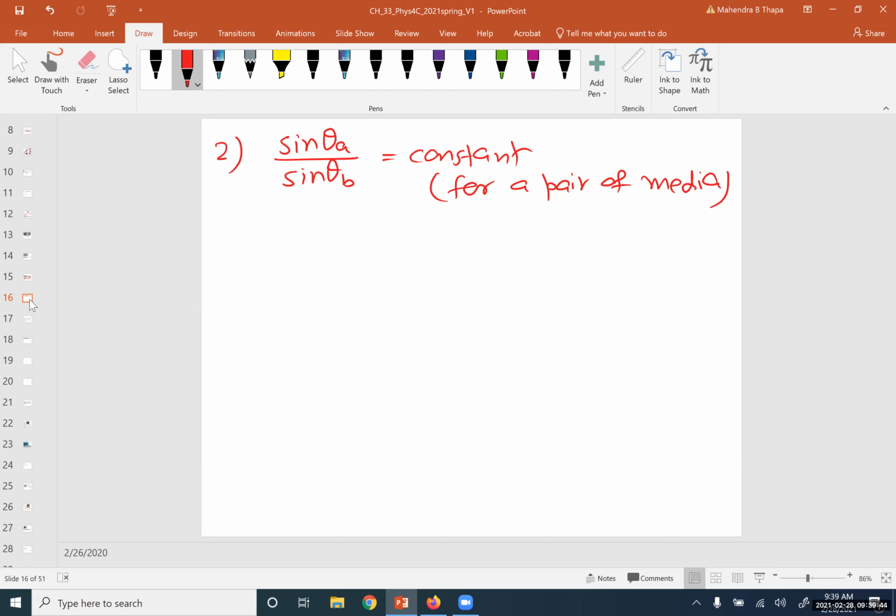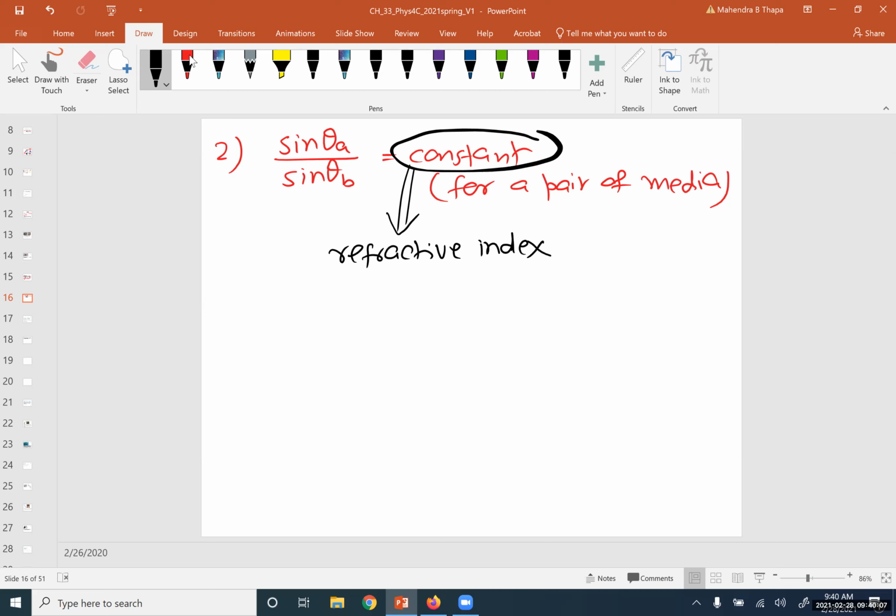Okay, so in this example, we have taken air and glass. So this constant ratio has a name. This constant is called the refractive index.